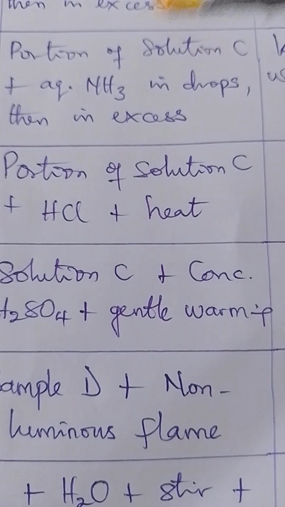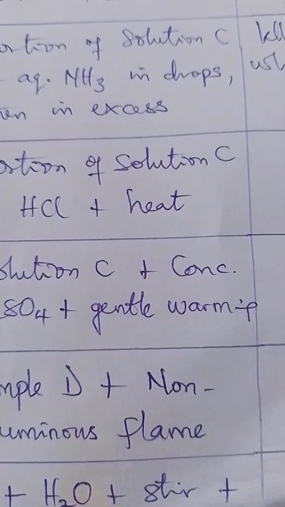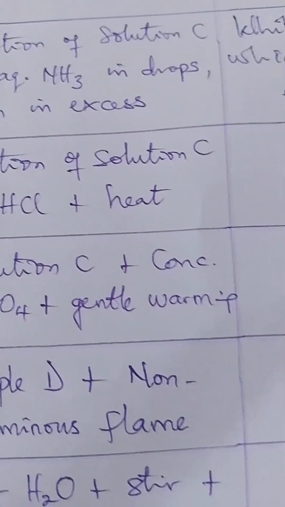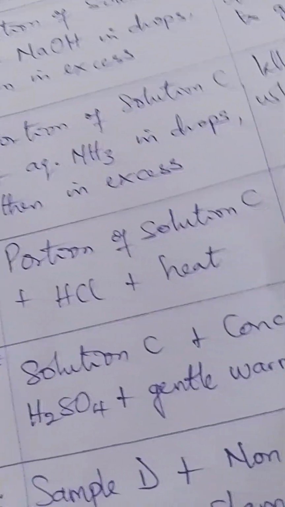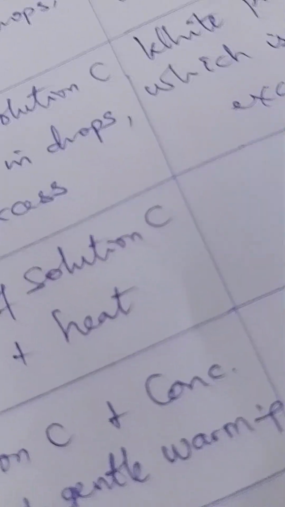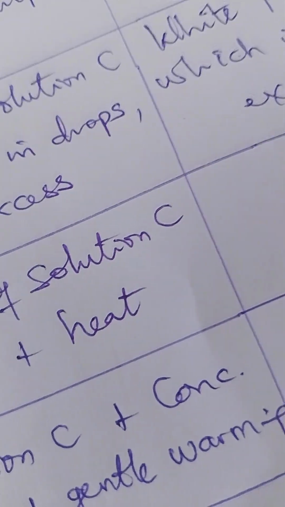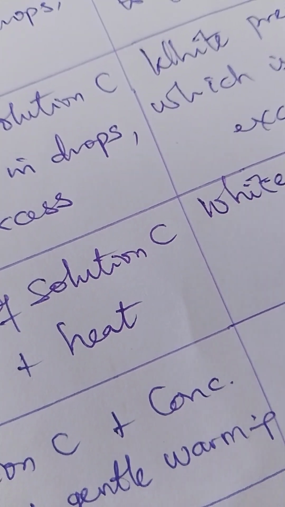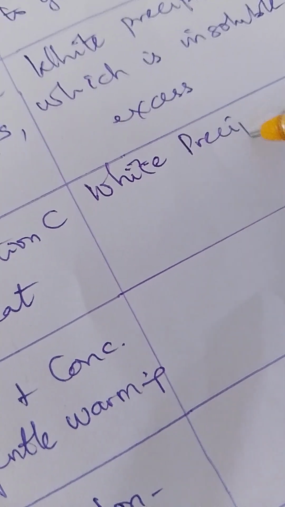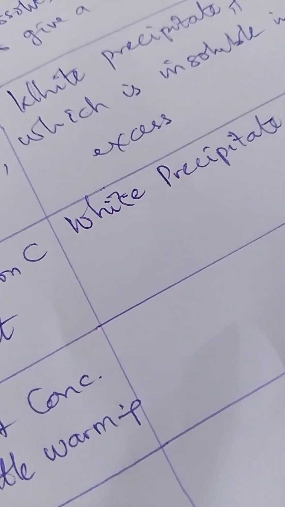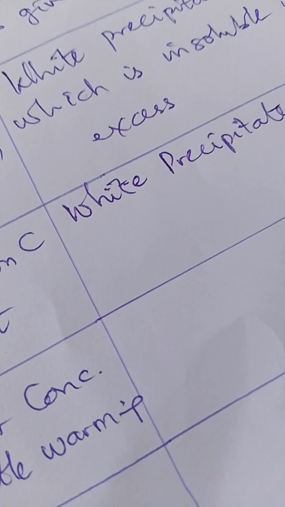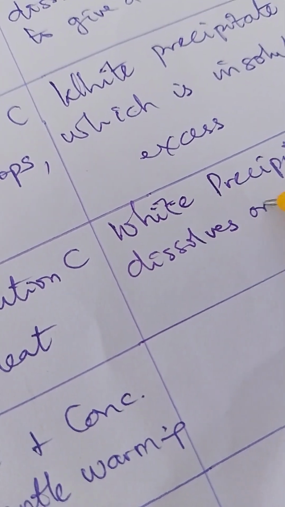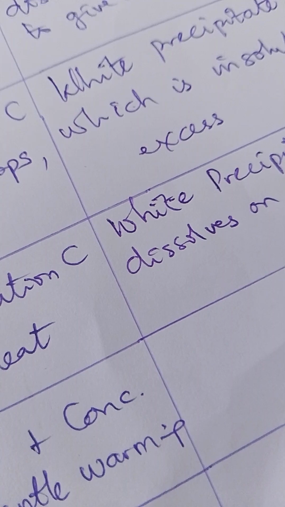If they decide to change their method of not writing it out like this, of course it will be in the statement, and there you're going to highlight your test. So if you do this portion of that C plus HCl and you heat, it's going to give you white precipitate, which dissolves on heating, but let's use on warming because it's gentle heating.